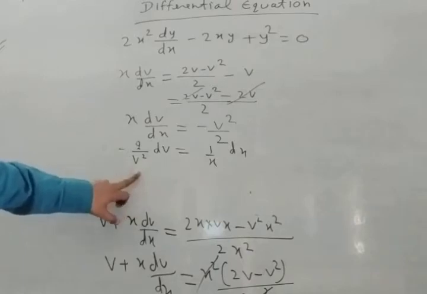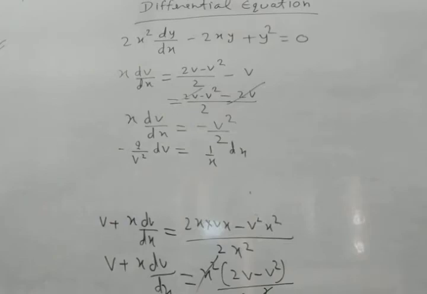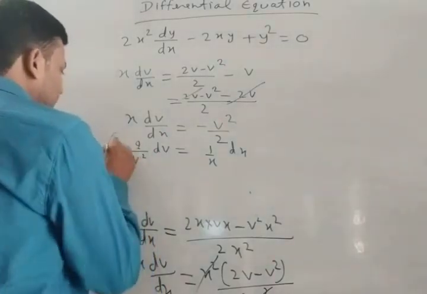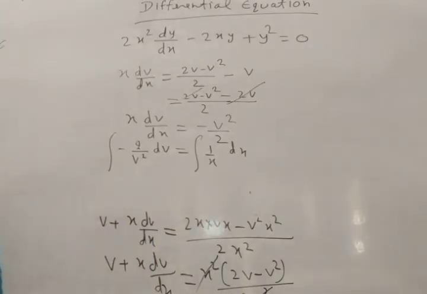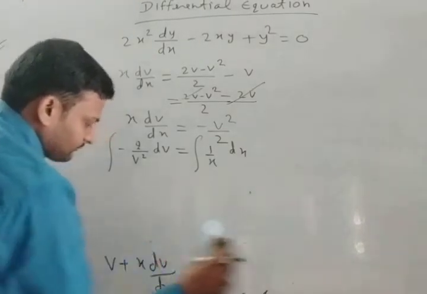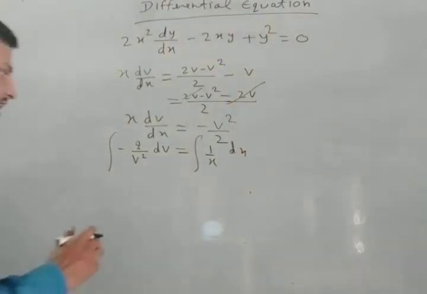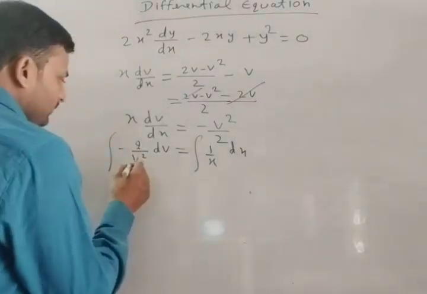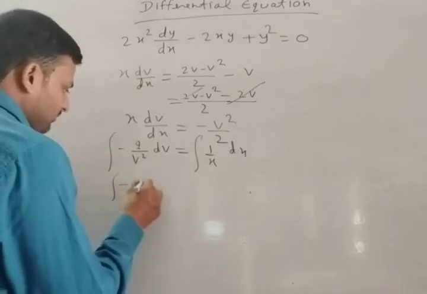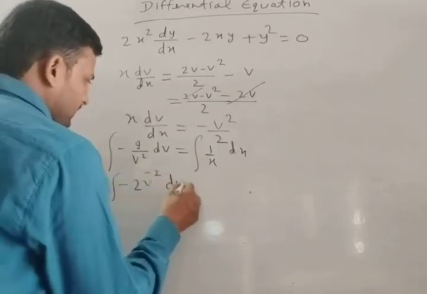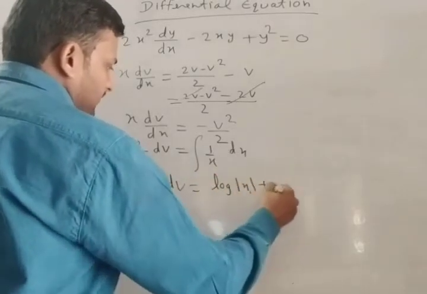Now we will integrate both sides and we get, we send this to the upper side, v to the power minus 2 dv, and this will be log of mod x plus c.